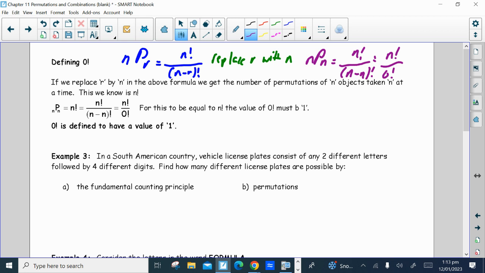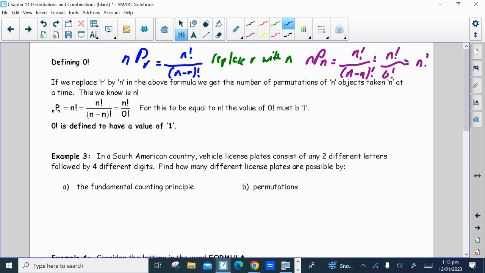However, nPn is what we were really doing when we started this whole talk about the fundamental counting principle. If you have 5 letters in a word and you're arranging all 5 of them, we saw that was 5 factorial. That's the same as 5P5. You're arranging all 5 of the objects. So nPn is the same thing as n factorial.